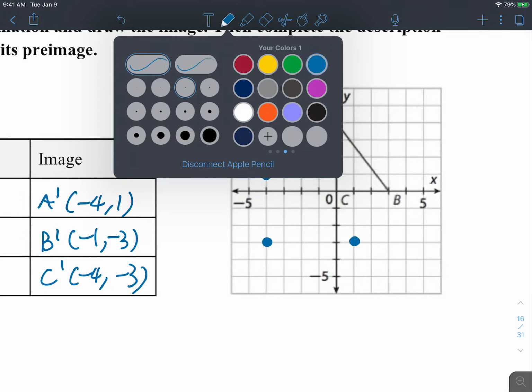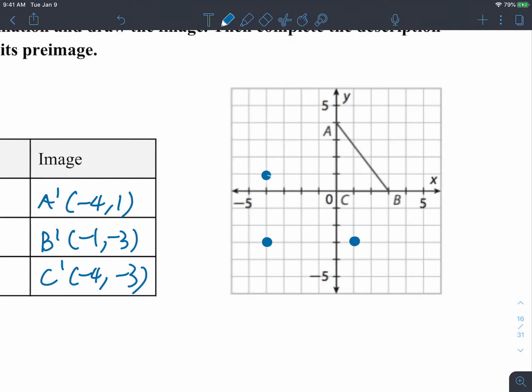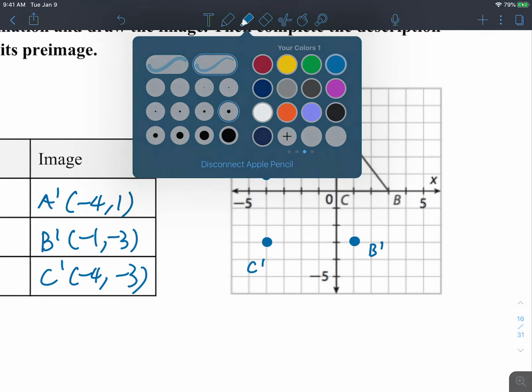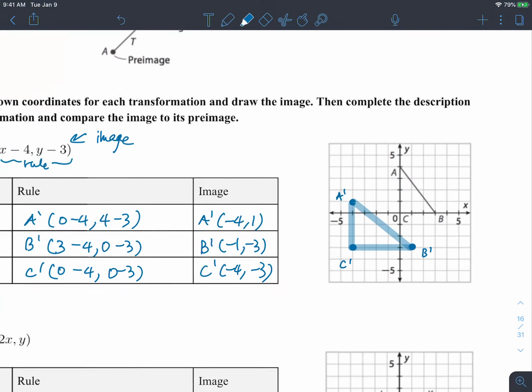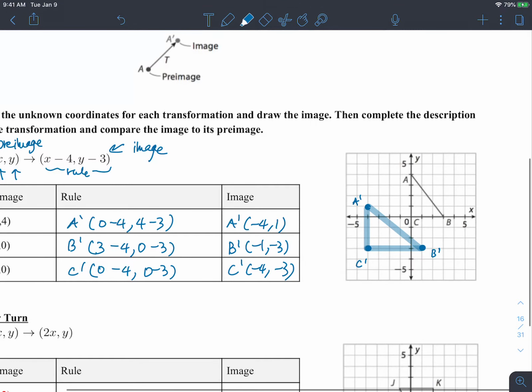So that would be A prime, B prime, and C prime. If I connect them, it will be from here to here, here to here, and here to here. And what I see over here is that this should be a transformation.